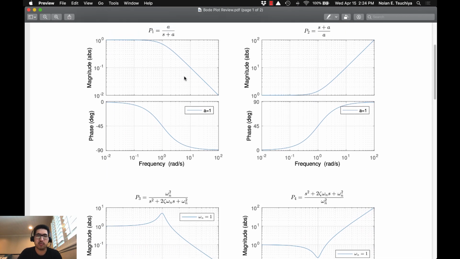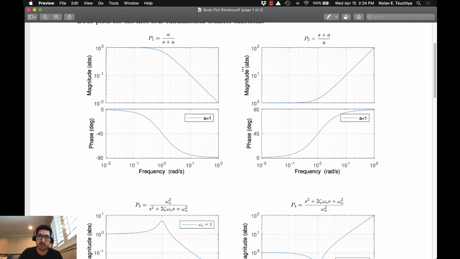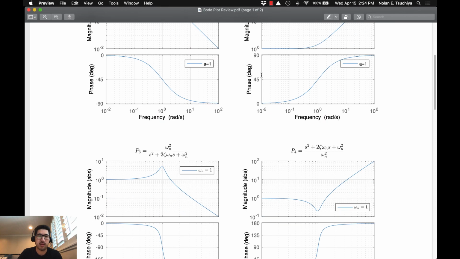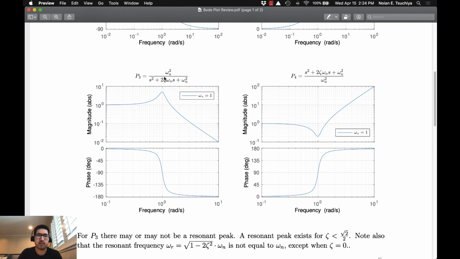And for these ones, you have no chance for resonance or anti-resonance, so these are basically it. The only thing that changes is, of course, the cutoff frequency.